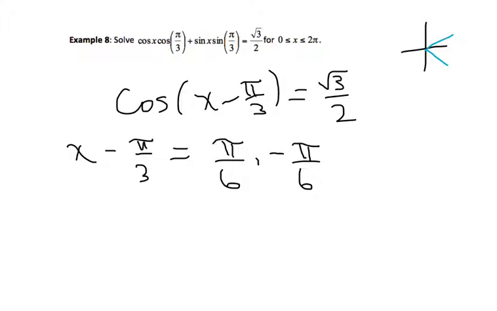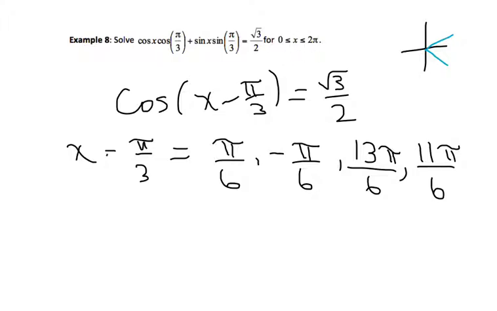And I can just add 2 pi to all of those. So when I add 2 pi, I'm going to have 13 pi over 6. I'm going to have 11 pi over 6. And if I think about from 0 to 2 pi, generally I should be ending up with about 2 answers.